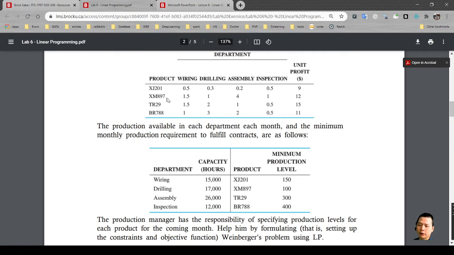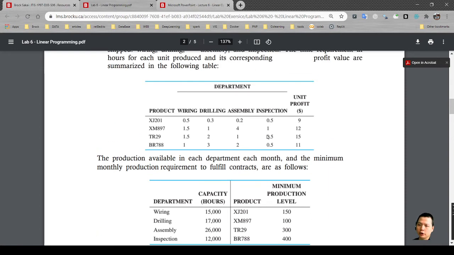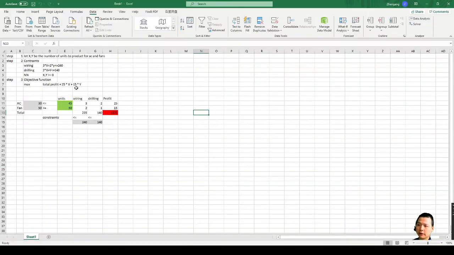The first step is we need to copy this table to the Excel. Actually, you need to write the same thing. If it's the exam or the test, you need to define in step one, X, A, B, C, D, right, as the products, and the wiring, drilling, and other two processes, right, exact same function like this, and also the total profit maximum will be what times X, what times Y, what times Z, right, something like that.